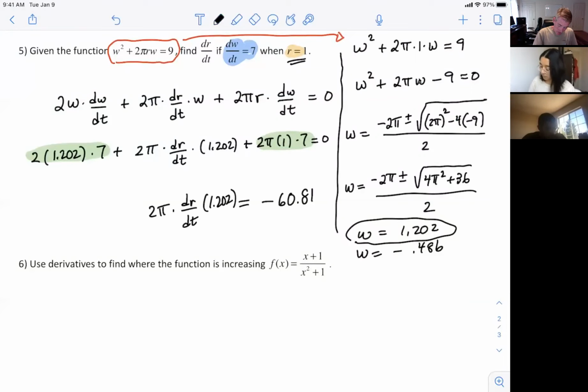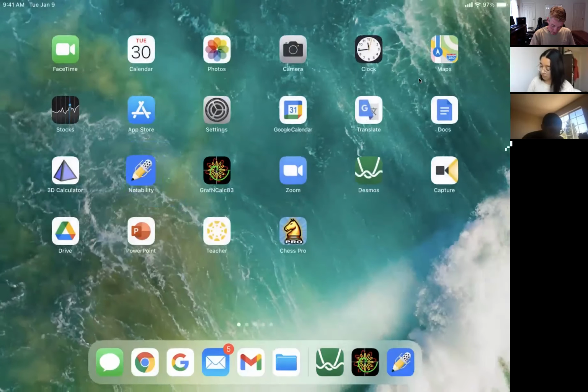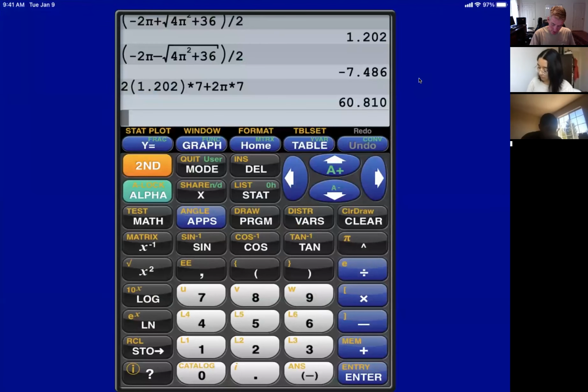And then finally, to solve for dr dt, divide both sides by both a 2 pi and a 1.202. So the calculator already has the 60.81, but it actually has to be negative.